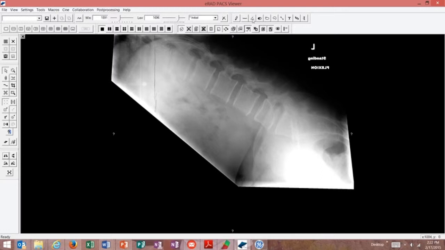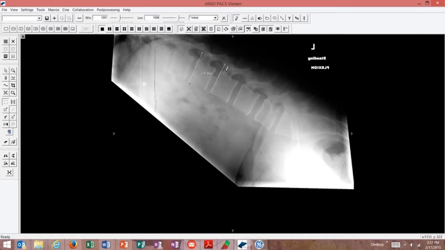And we go up here and we locate our angle measuring tool, and we click it. And we draw a line across the superior end plate here of L1, drawing our best fit line across the superior end plate. We then repeat the procedure across the superior end plate of L2, and the software measures the angle.